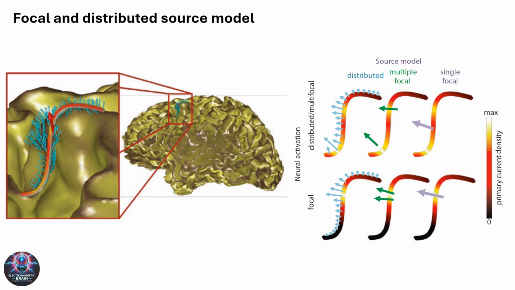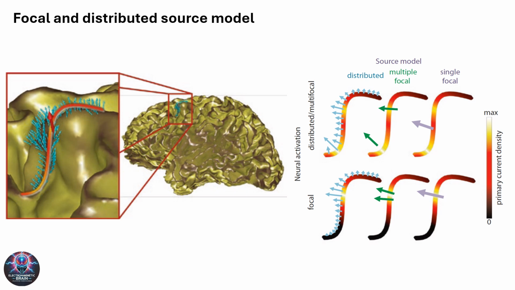As shown in the right side figure, three different source models can be applied: a distributed model, left column, where the source area is uniformly divided into small elements each described by an electric current dipole; a multiple focal model comprising 2 electric current dipoles, middle column; and a single focal model comprising 1 electric current dipole, right column. In the upper row, we see a more continuous distribution with a sharper focus at the top and a broader blob at the bottom.